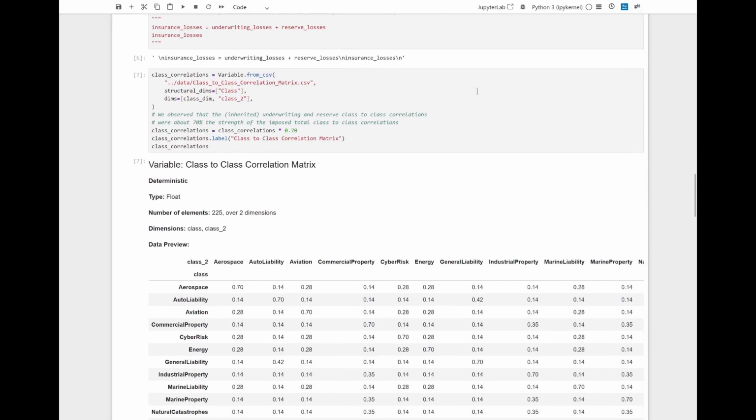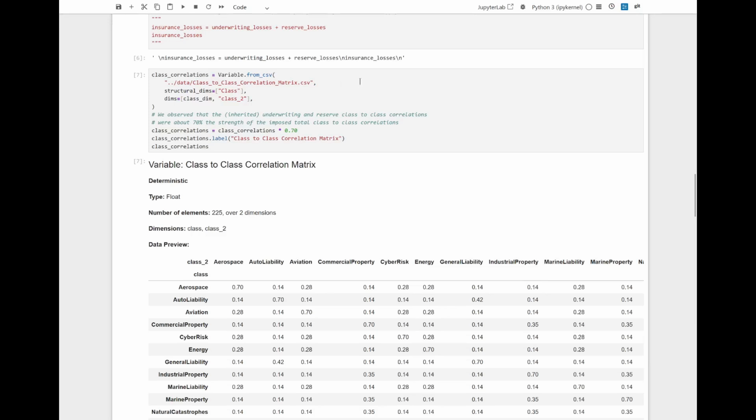So we're going to flip the order because in method 2 we first do the class-to-class stuff within each risk period. The reserving class-to-class and the underwriting class-to-class done separately up front. So let's start with that. So we're going to import the same class-to-class correlation matrix as before, but we observed that the effective level of correlation that we were achieving between the classes for underwriting risk or between the classes for reserve risk was actually a little bit less than the correlations that we input to apply to the insurance risk totals between classes.